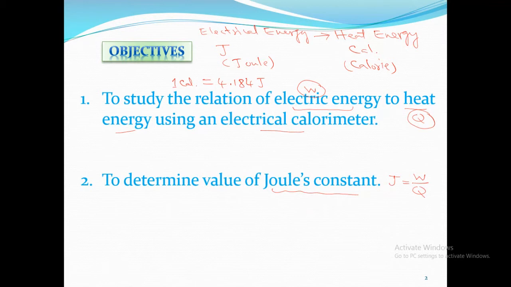We have the real or the standard value for J. And finally, we will compare these two and find out the percentage error in the measurement of Joule's constant J.